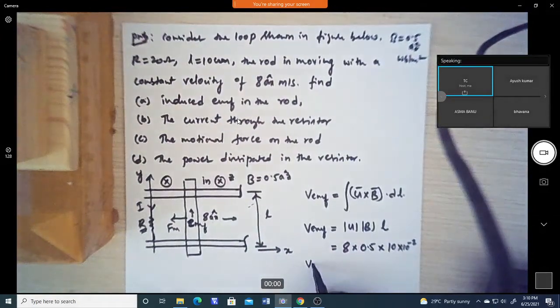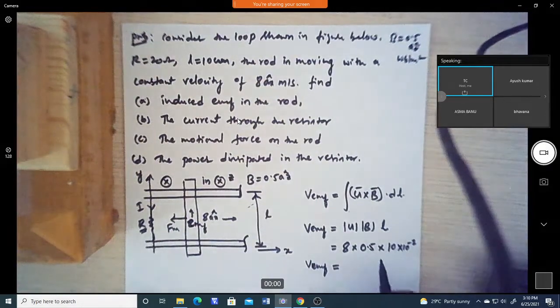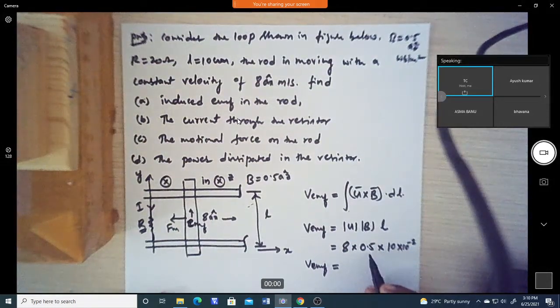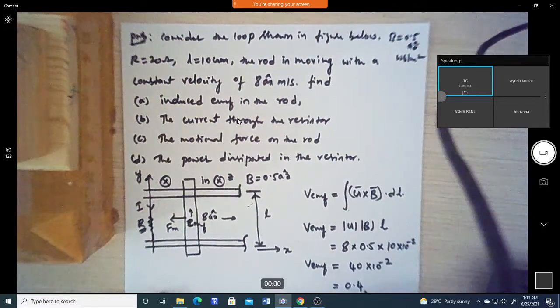Now you can calculate the EMF induced. So it is 1 into 8, 80 into 0.5, 40. So 40 into 10 to the power minus 2, which is equal to 0.4 volts.